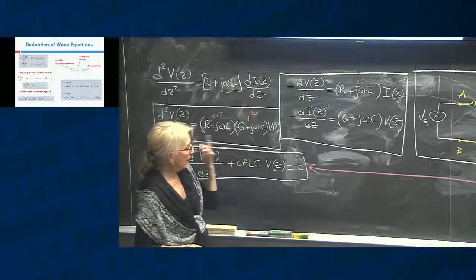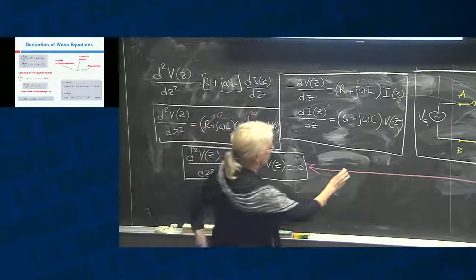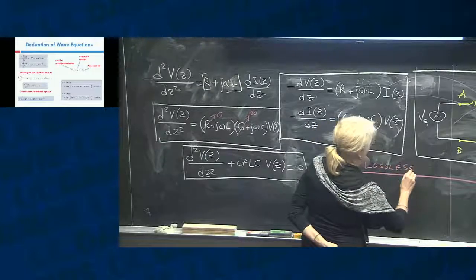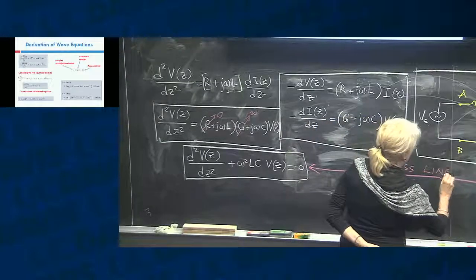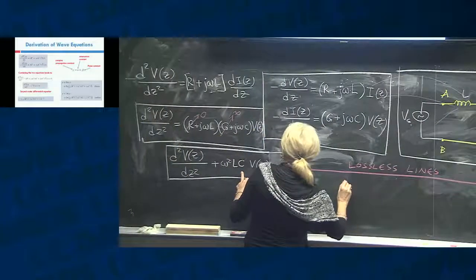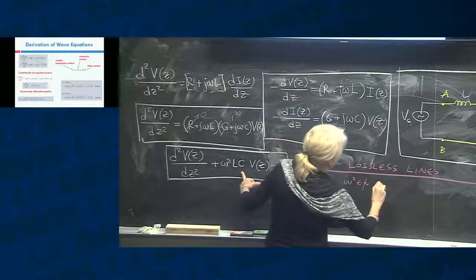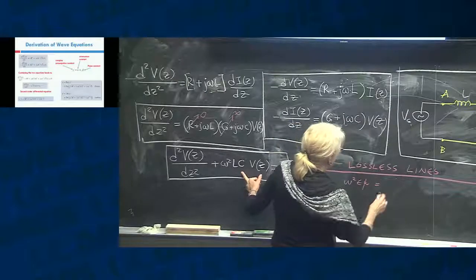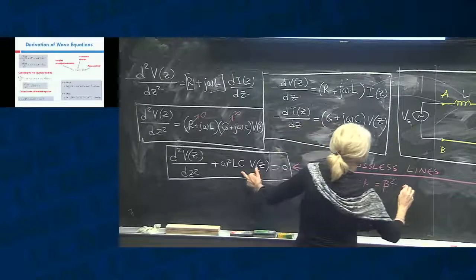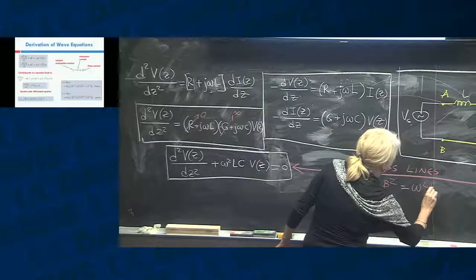From comparing the two, what do I find? That in a lossless case, lossless lines, omega squared epsilon mu, which is nothing else but beta squared, all right, is equal to omega squared LC.